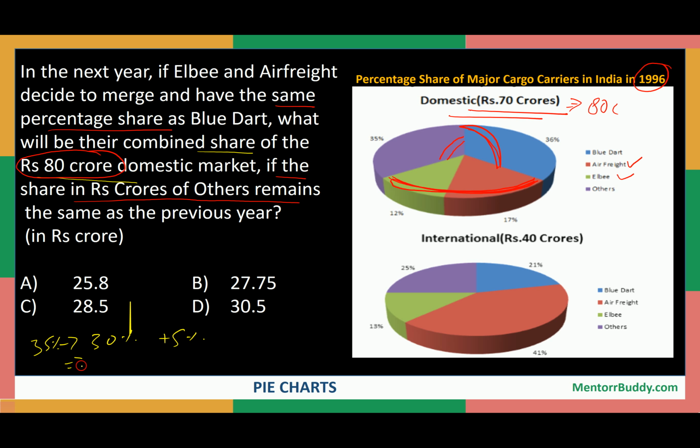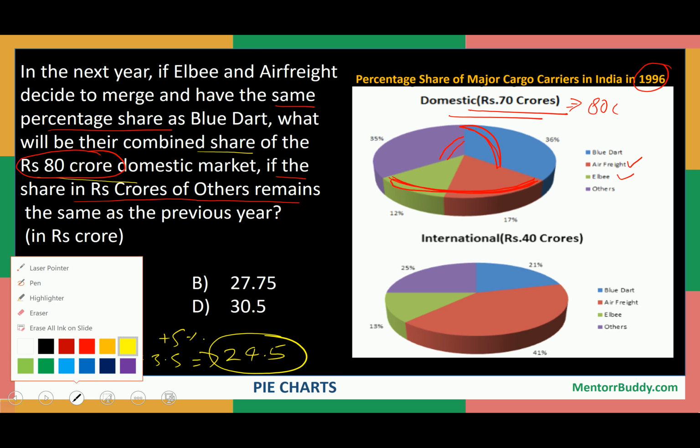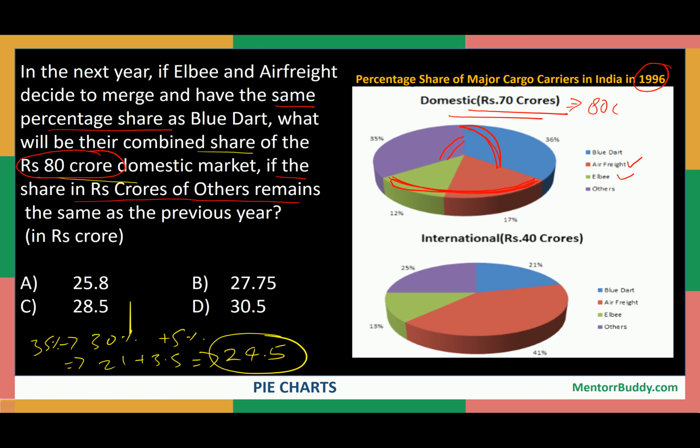That will be equivalent to 7 into 3, 21, plus 3.5, that is coming out to be 24.5 crore. So in domestic total turnover, the others' turnover is 24.5 crore, which will remain the same the next year as well, because it is given in the question that the share in rupees crore of the others remains the same as the previous year.